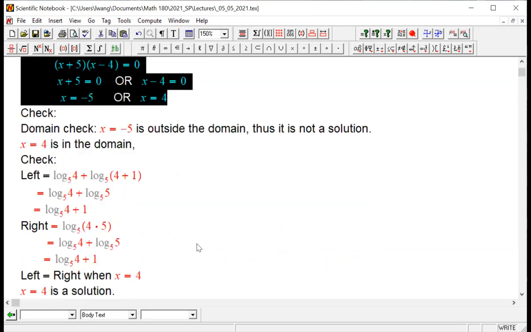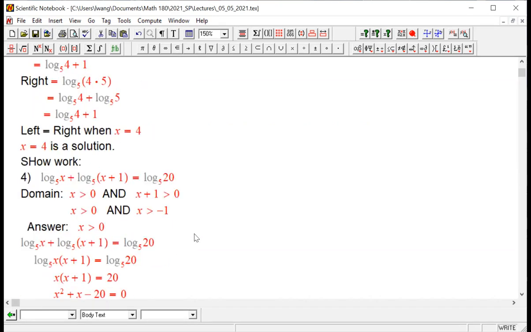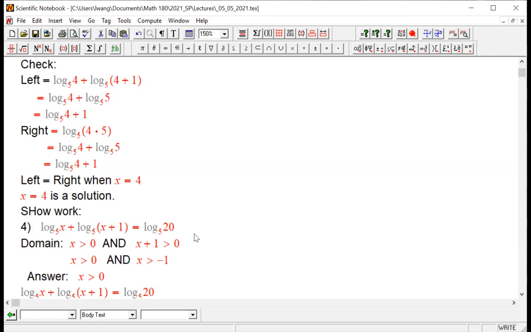And then we check the answer. So there's 3 major steps, which cover domain, operation, and the check answer. And checking the answer has 2 small parts: one domain check and one equation check. So domain check and equation check.